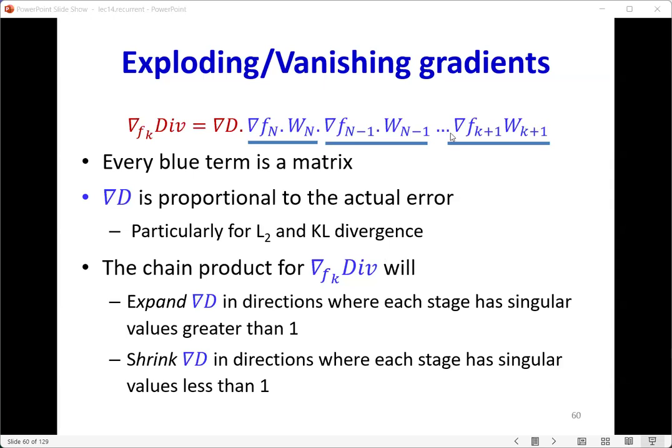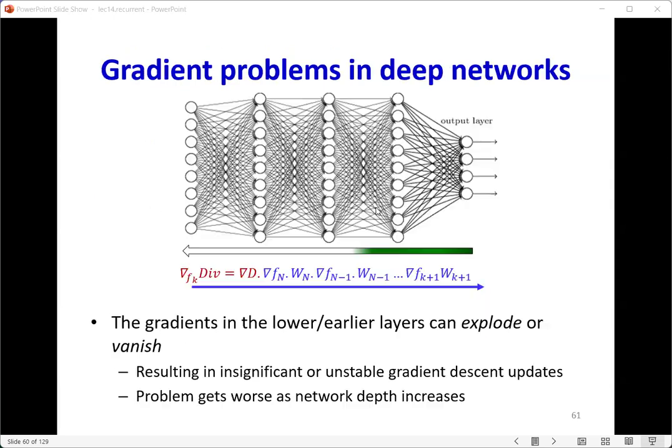Also, because when you go from here to here the vector has been transformed a bit, the directions which have singular values greater than 1 for this block may be different from the directions where the singular values are greater than 1 for this block. So as you keep going back, eventually the derivatives are going to keep shrinking, except in a very, very small number of directions.